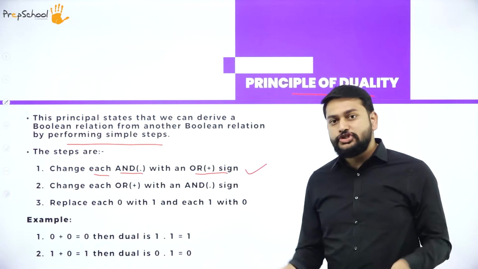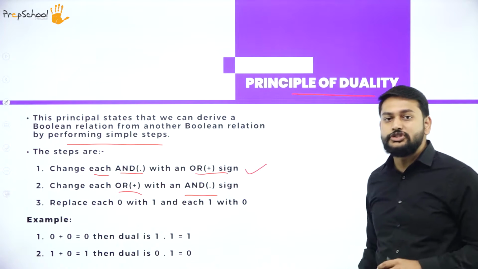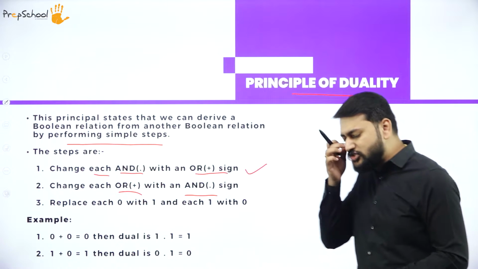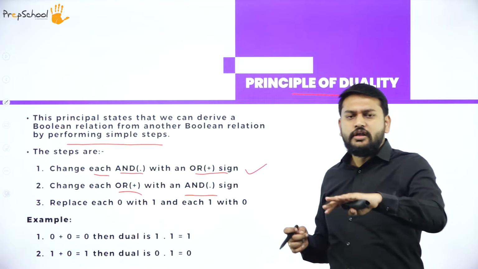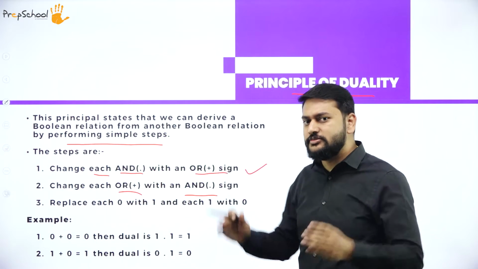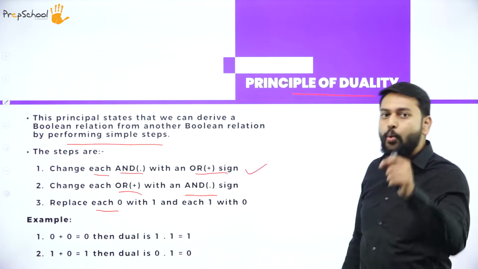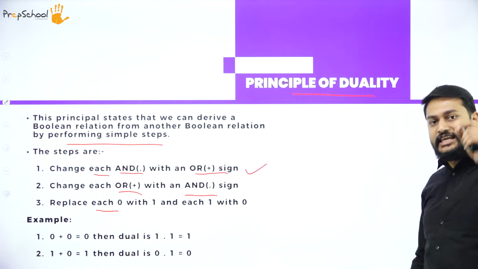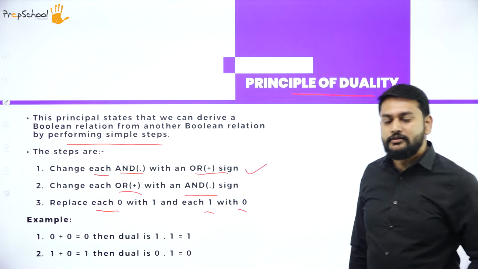Change each OR with AND sign. It's very simple to remember. Then the third step: replace each 0 with 1 and each 1 with 0. That's what you need to remember.